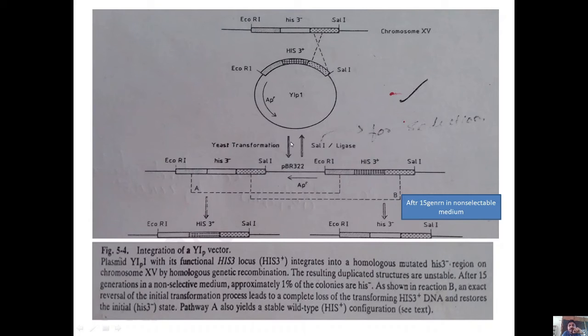See, this is SalI, and then the pBR322 region component, or the bacterial vector component, coming after that SalI. That is the vector components of pBR322.